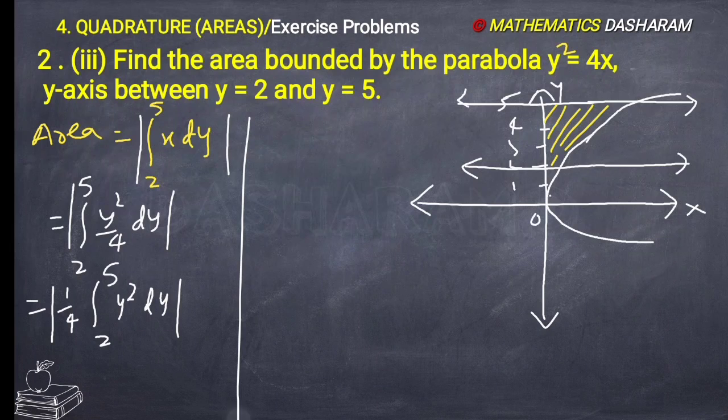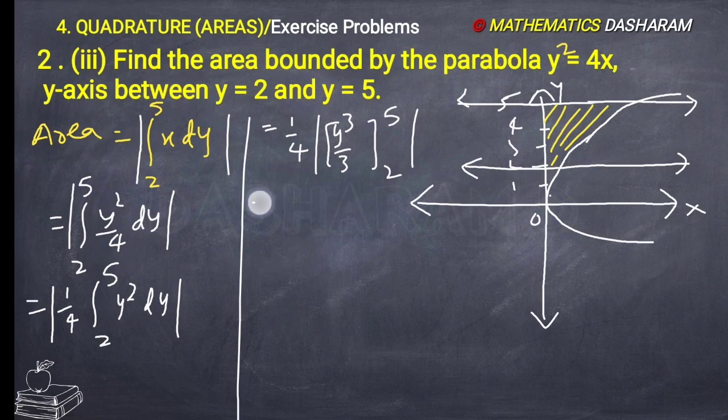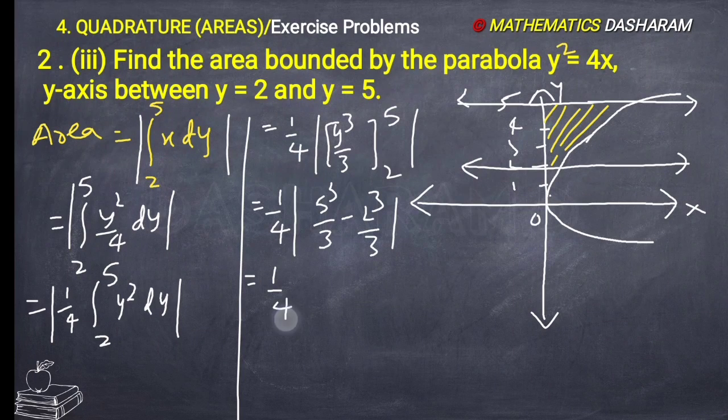So it is equal to 1 by 4 mod, integration of y square is y cube by 3, from 2 to 5. So it is equal to 1 by 4 mod, 5 cube by 3 minus 2 cube by 3. So 1 by 4, 5 cube is 125 by 3 minus 2 cube is 8 by 3.